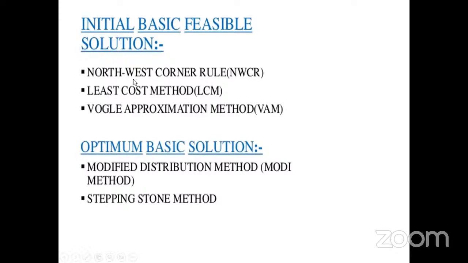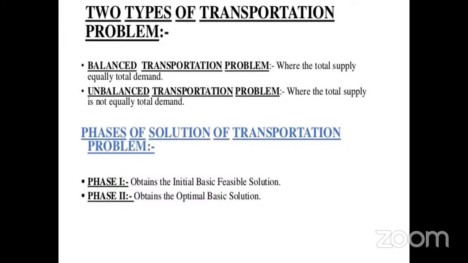To solve any transportation problem numerically, first we should find out whether it is balanced or unbalanced. If an unbalanced transportation problem is given, it is to be converted into a balanced transportation problem, then we can go with these two phases. Phase 1 is finding the basic feasible solution.